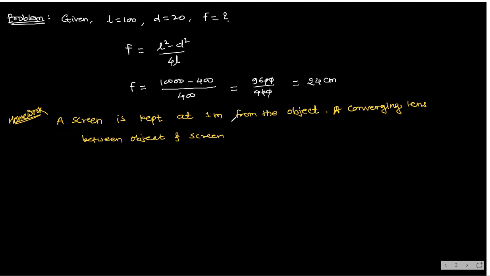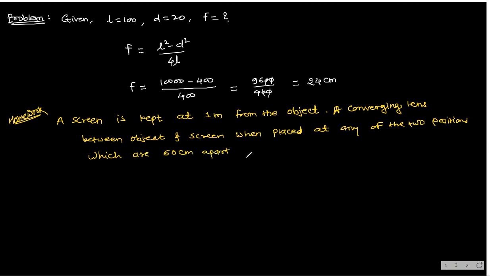When placed at any one of the two positions, which are 60 centimeter apart, it forms a sharp image of the object on the screen.